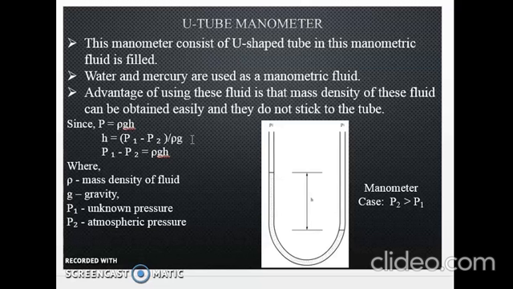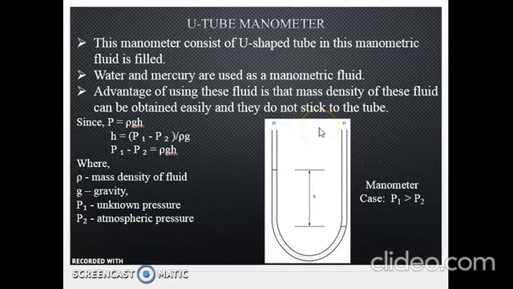That is why water and mercury are the famous ones. Mercury is nowadays not much used because of its toxic effects. The pressure is read out by measuring the height difference between two legs, given by h. Then we can calculate the pressure by using rho g h.